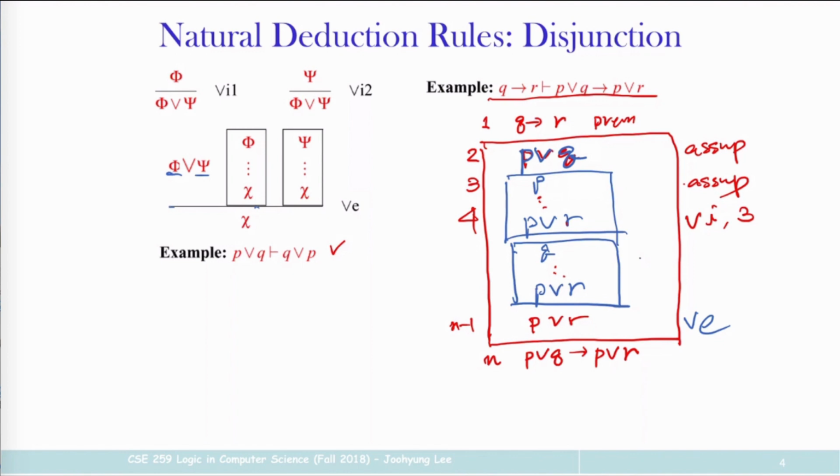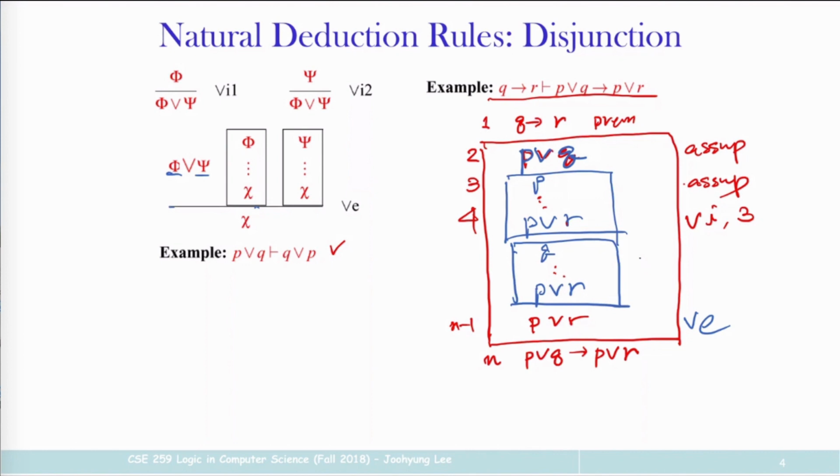That's it. Now let's close the gap in the second box. So here's a bit tricky. I have Q, but I have to prove Q or R. So what can we do? You can get R with implication elimination.